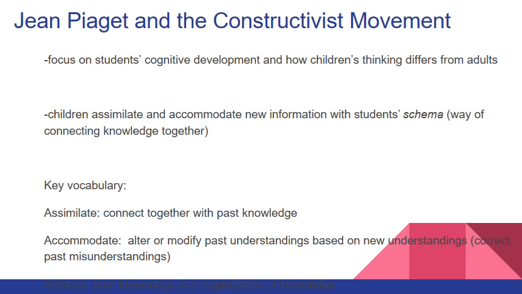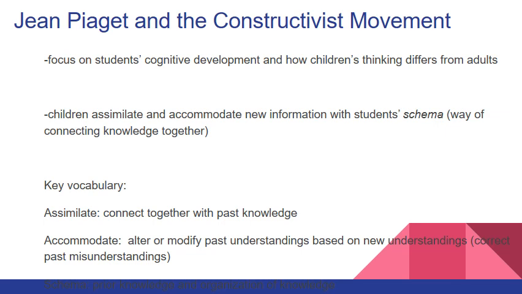So let's break down those words a little bit because they're very important terms. First of all, when Piaget argued that children assimilate knowledge, Piaget was explaining that students connect new knowledge to what they've learned before in earlier grades or in earlier lessons. After students connect that knowledge to what they already know, students might also accommodate that knowledge, meaning that they might alter or modify their prior understandings based on their newfound learning.